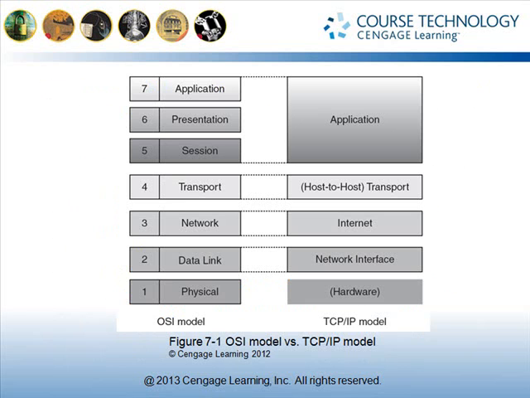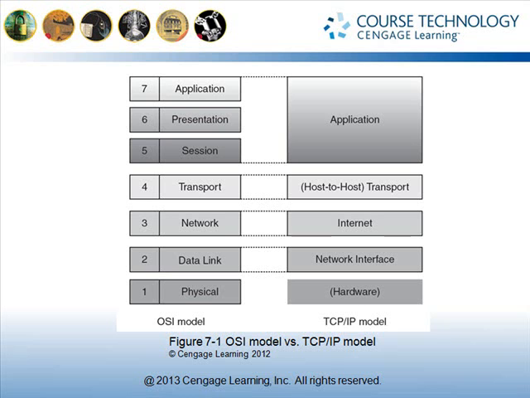And this figure shows us a comparison between the OSI model and the TCP/IP model. The TCP/IP architecture really gives us a framework for dozens of different protocols that actually make up this suite. These include high-level protocols that are part of TCP/IP, like Telnet and File Transfer Protocol.